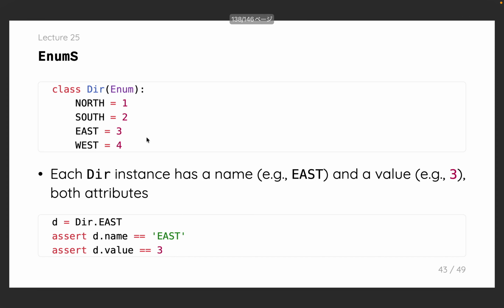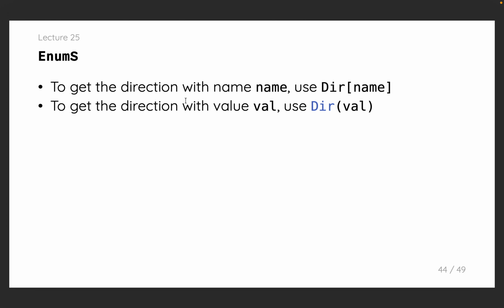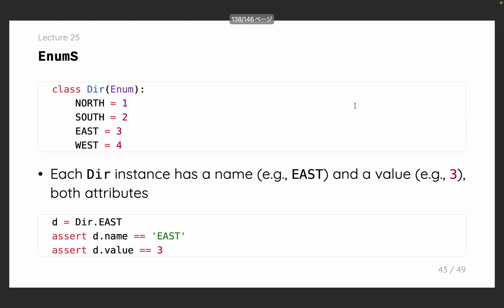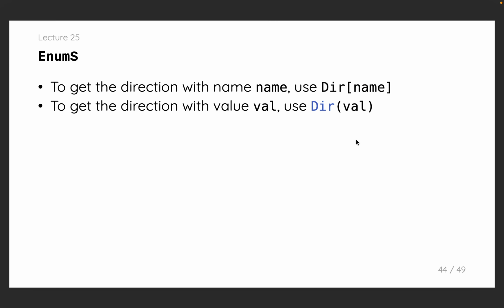If we want to get the specific directions with names and values, in other words, we want to map this name and this value to Dir.east, we can do this for the name and this for the value.